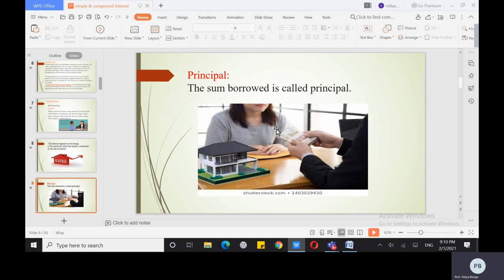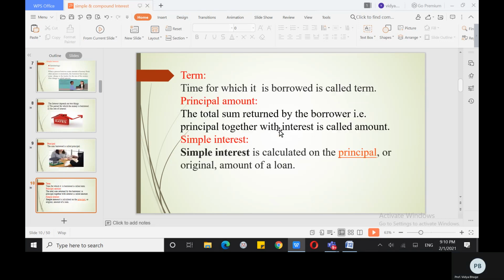This sum is called the principal amount. Now term means what? The time for which it is borrowed is called the term. The total sum returned by the borrower, that is principal together with interest, is called the amount.